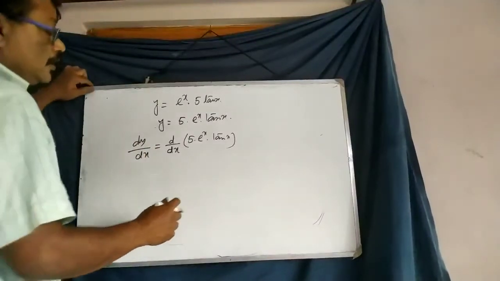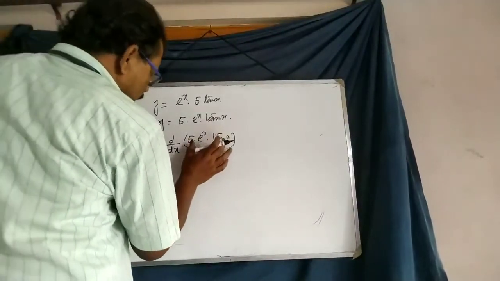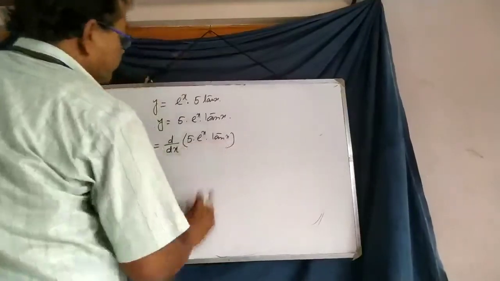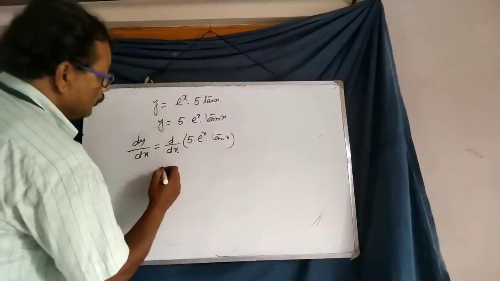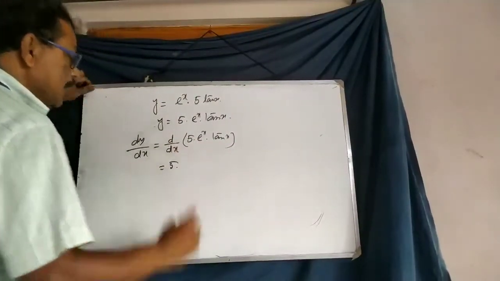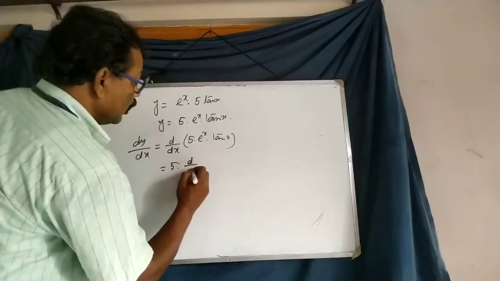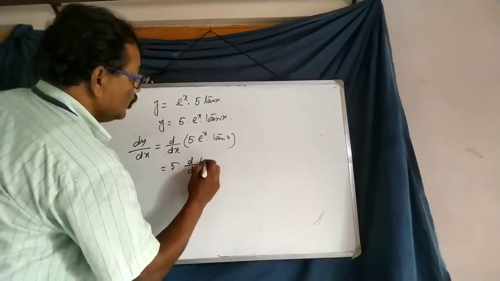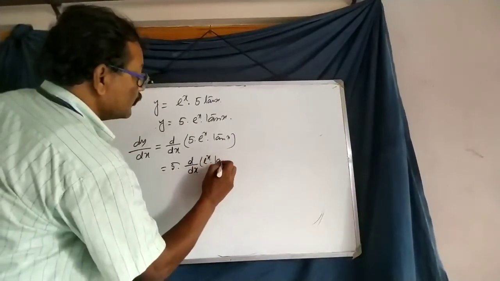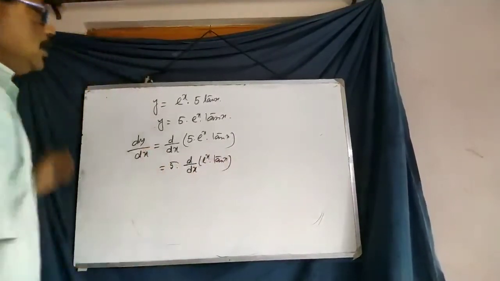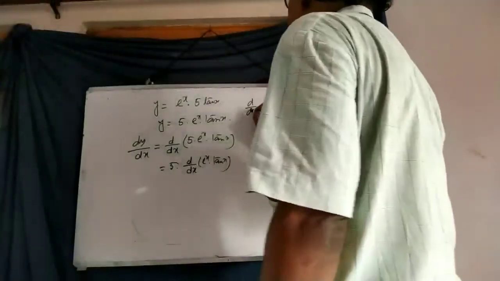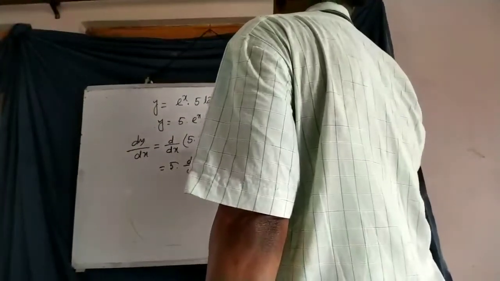To proceed with the functions, first we have to separate 5 by applying the first rule. 5 into d/dx of e to the power x into tan x. Again I am writing the rule, d/dx of uv.